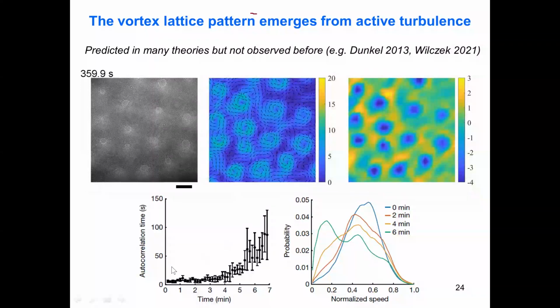During this process, the correlation, the lifetime of these vortices grew longer and longer, starting from just a few seconds, like in the typical active turbulence of bacterial suspensions, to up to several hundred seconds. And during this stabilization process, the cells gradually separated into two phases.